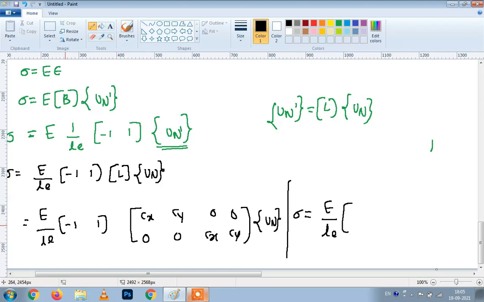Now we are only having one row, so we will multiply first row with first column. So minus 1 into Cx, minus Cx we will get here. Minus 1 into Cy, first row into second column, it will be minus Cy. First row, third column, we will get Cx.